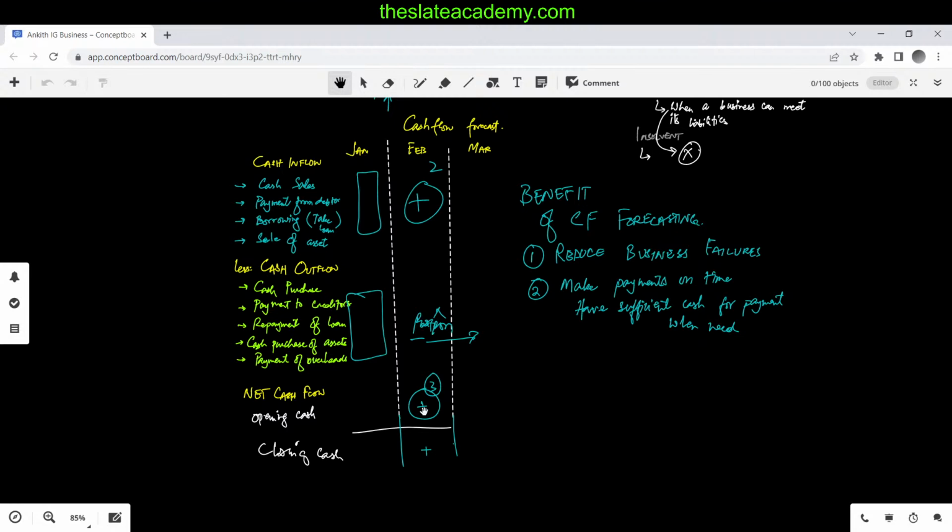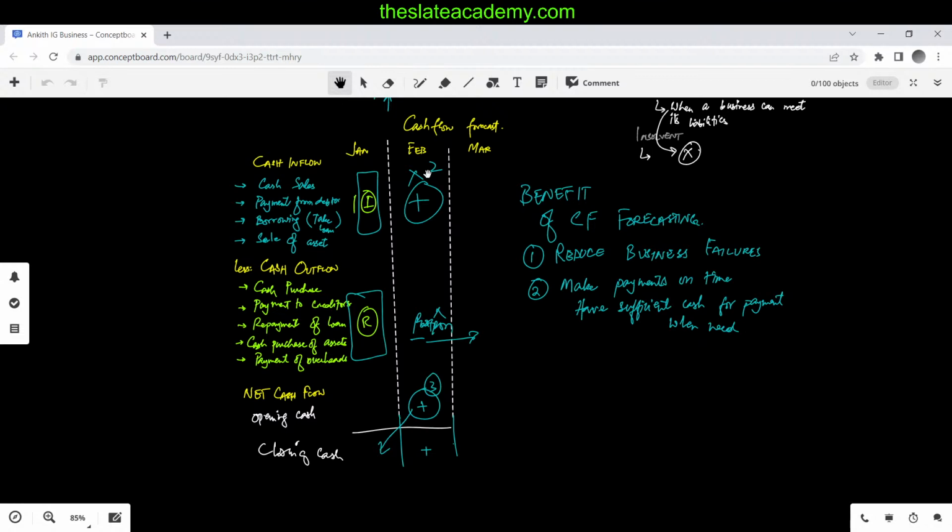So let's say that option two is also not available. That would mean that I need to have a strong opening cash, which means I need to have a strong closing cash for the last month. And for that strong closing cash of the last month, I'll have to either reduce my cash outflows, or increase my cash inflows for the last month.